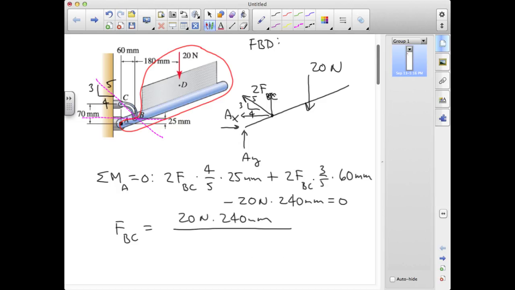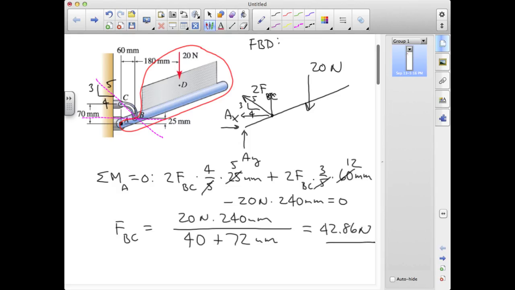And then we're dividing by, first we'll just note here that I could divide 5 into 25, and the first term there is 4 times 5 times 2, which gives me a 40. And the second term, I'm going to have 12 times 3 is 36 times 2 is 72. And that result is 42.86 newtons.